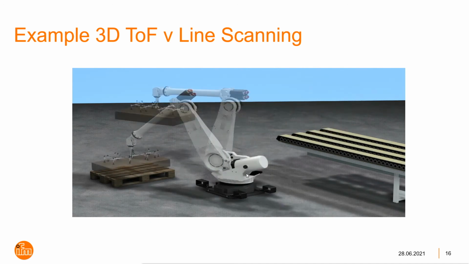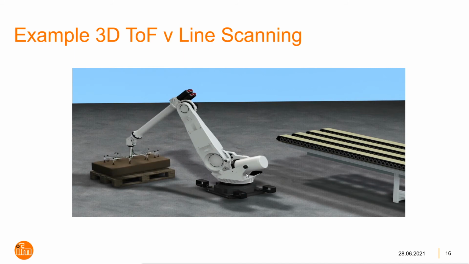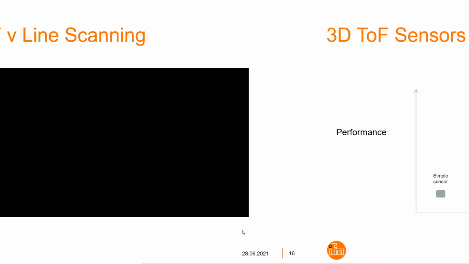It's a little bit exaggerated, but as you can see, the idea is the time-of-flight camera captures the scene in one frame, and therefore it speeds the operation up. All those little seconds add up to save you time overall in the process.